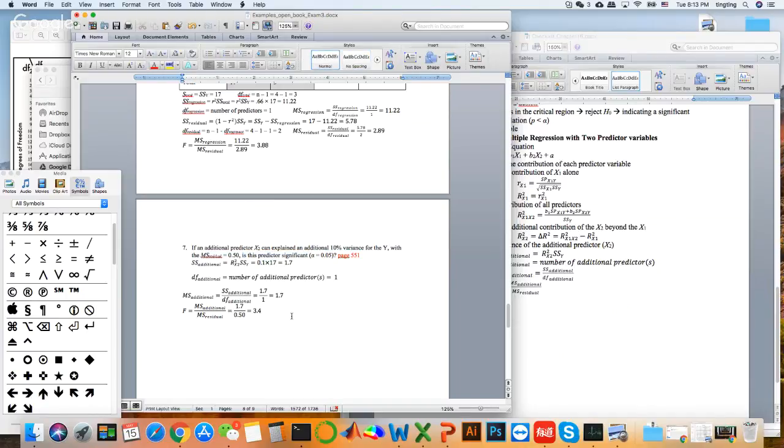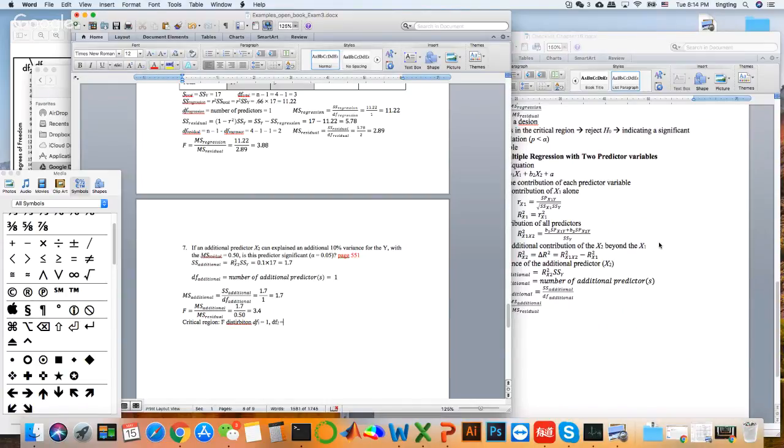So we need to identify the critical region. The critical region equals F with DF additional, which is 1. But DF2, how can we compute? It is the number of the residual part. But because we add an additional predictor, we need to check the formula.